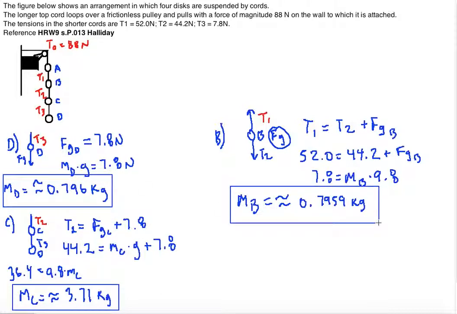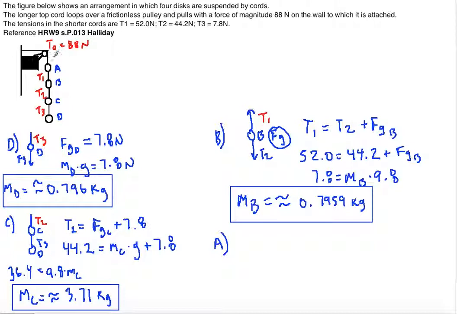So that's B. The last mass we have to find is mass A. To find mass A, we need to consider the overall tension, so the tension on the wall. As we know from Newton's third law, each action has an equal and opposite reaction, so the wall's reaction to the tension is equivalent to 88 newtons throughout the system.